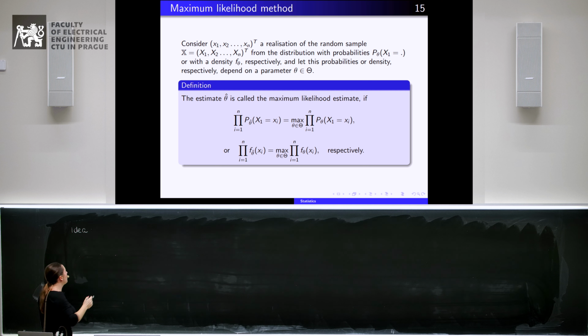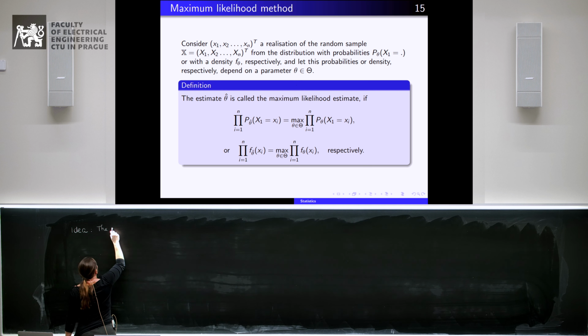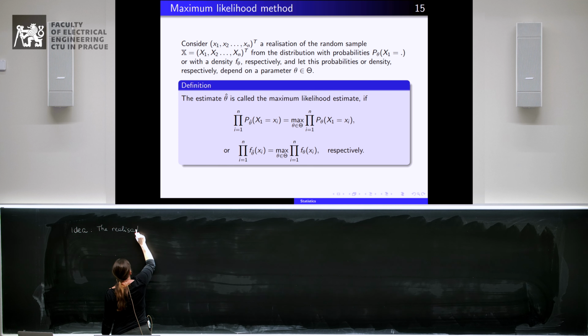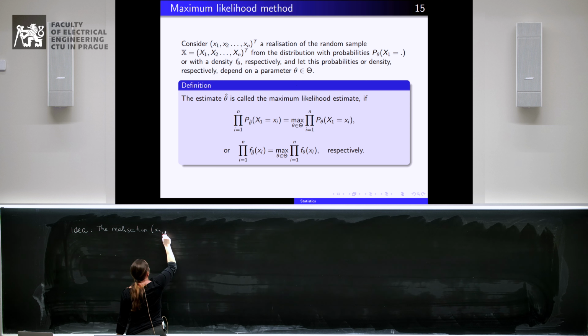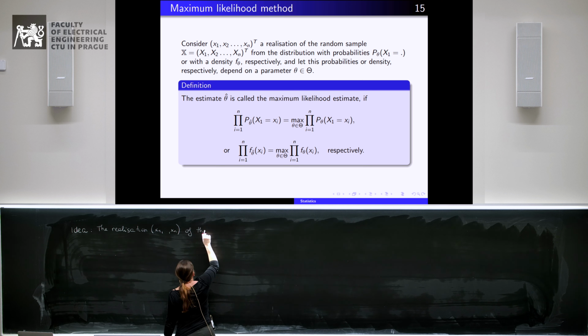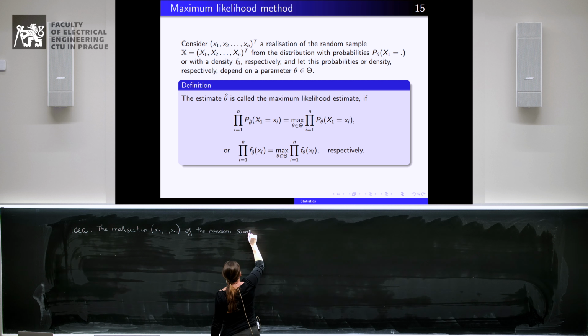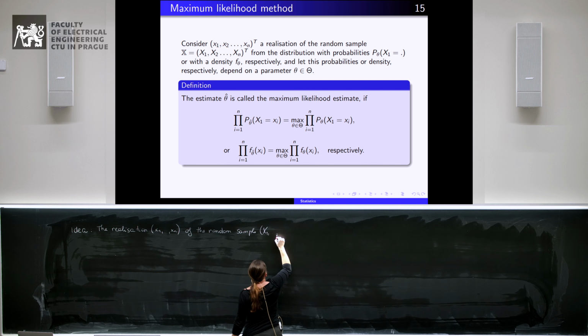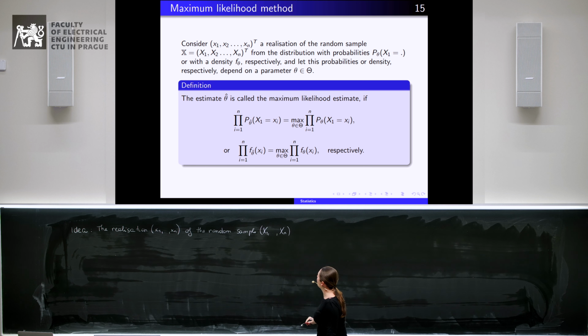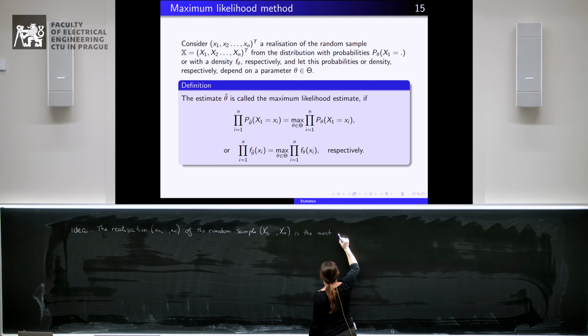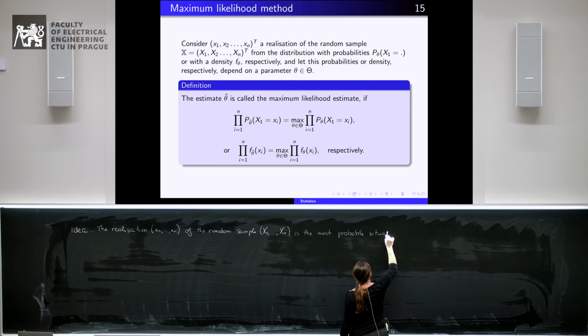idea. We suppose that the realization, so it means the concrete values which we collected, of the random sample x1, x2, and so on till xn is the most probable situation.